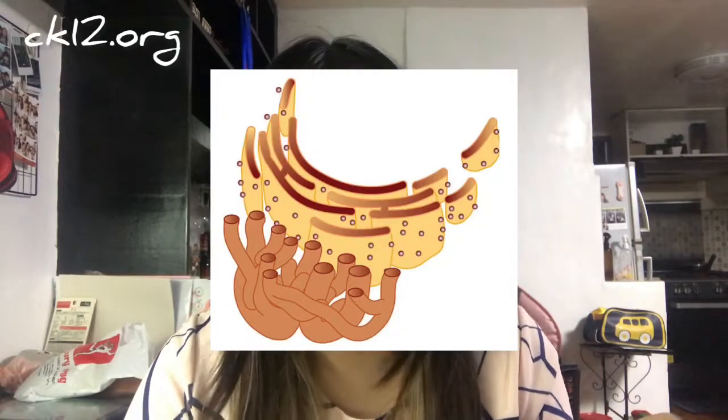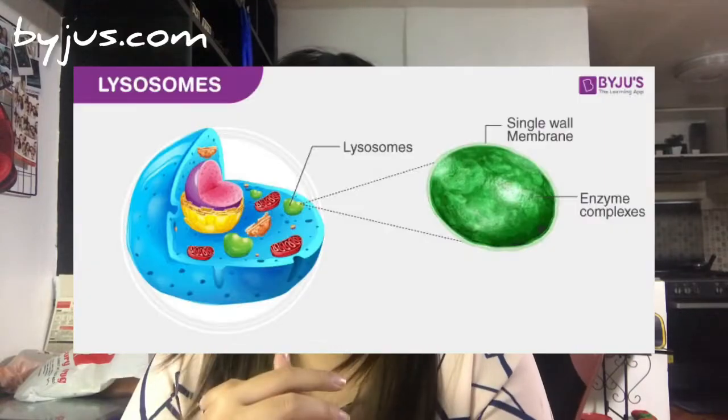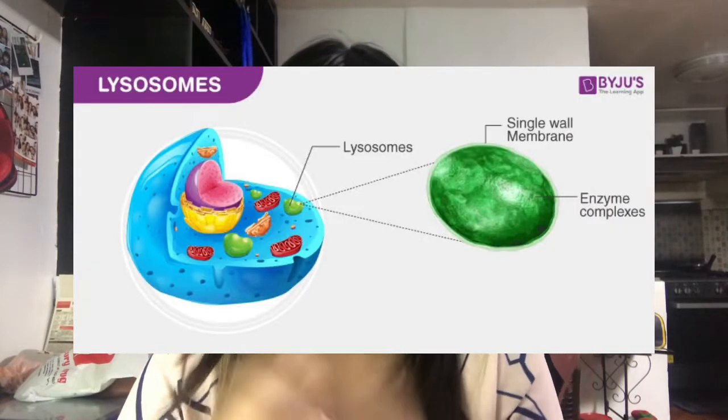The endoplasmic reticulum, on the other hand, is a network of membranes inside the cell through which the proteins and other molecules move. Then lysosomes are the digestive system, or like the stomach of the cell, where it serves both to degrade material taken up from outside the cell and to digest obsolete components of the cell itself.